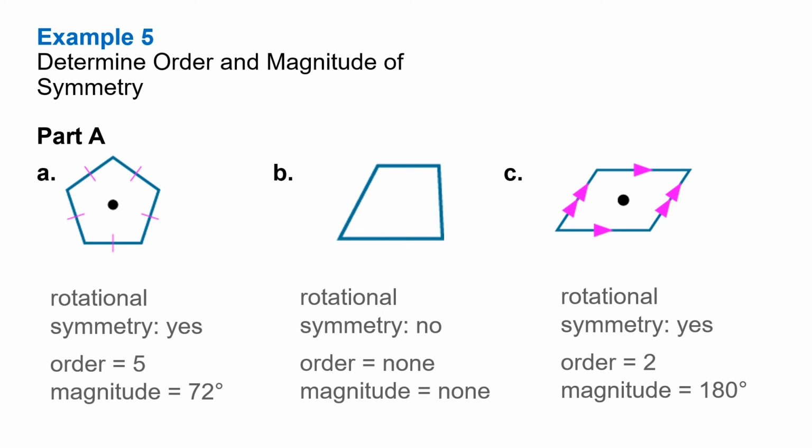As we saw in figure B, it did not have rotational symmetry, so it does not have order, nor does it have magnitude. In figure C, the center of symmetry, or the point of symmetry, is the point that is in the middle of that parallelogram. It does have rotational symmetry. Its order is 2, and its magnitude is 360 divided by 2, which is 180 degrees.